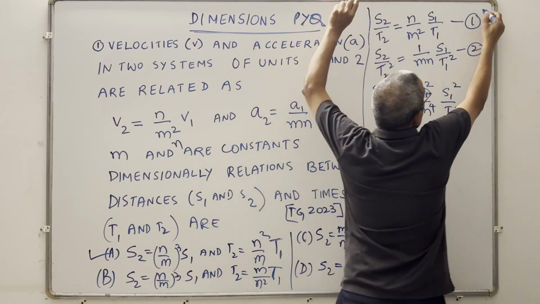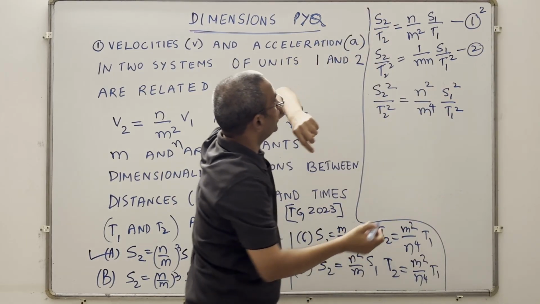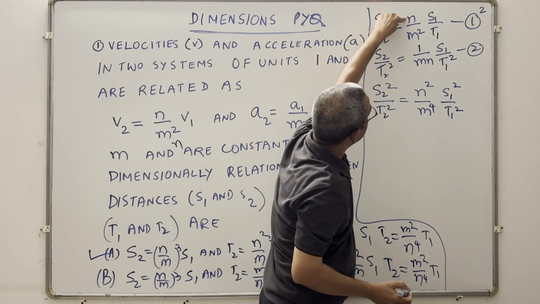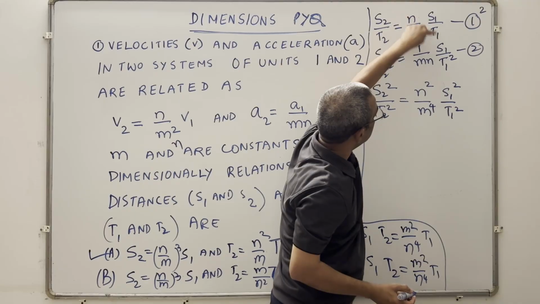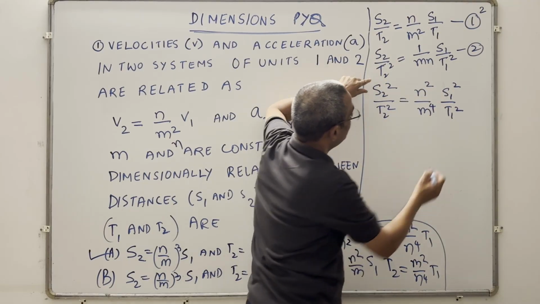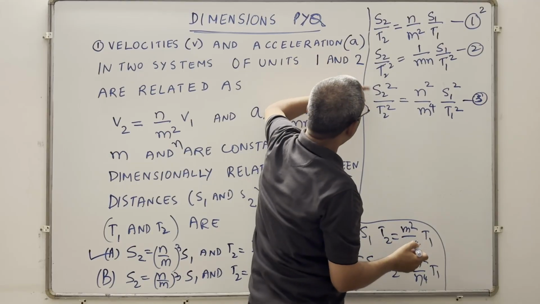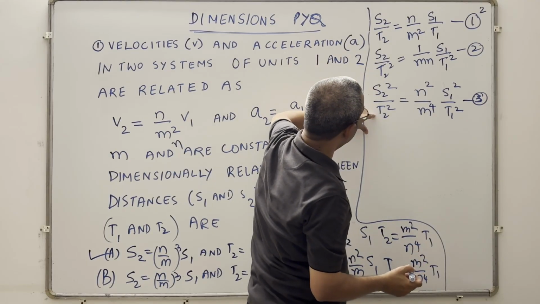So what did we do? We squared equation 1: S2 square by T2 square is equal to n square by m power 4 into S1 square by T1 square. Now look at equations 3 and 2. Now we have T2 square and T2 square.